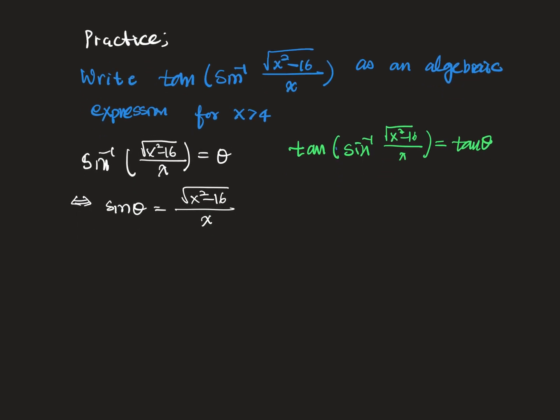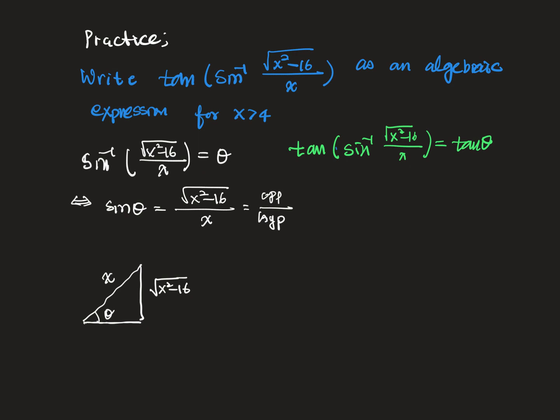In this case, we're going to sketch the right triangle. Let's just sketch a right triangle. Sine theta definition is opposite over hypotenuse, right, guys? So the opposite is going to be the square root of x squared minus 16. The hypotenuse is going to be x. Okay? So what are you looking for here, guys? You're going to find the adjacent, right?